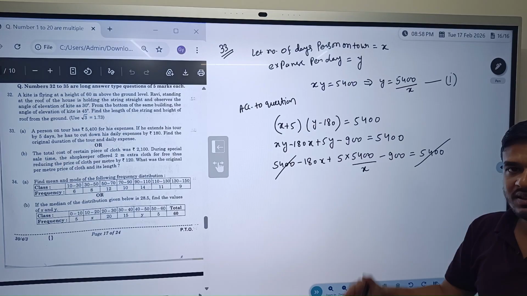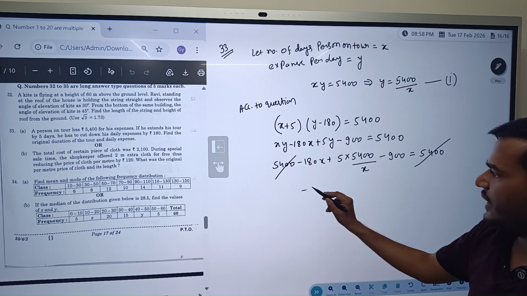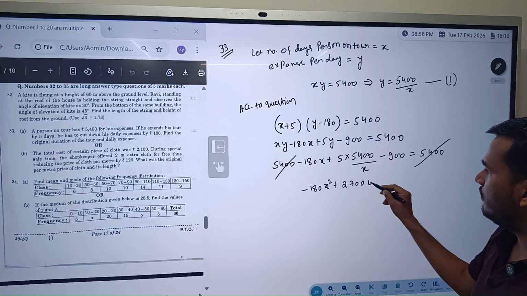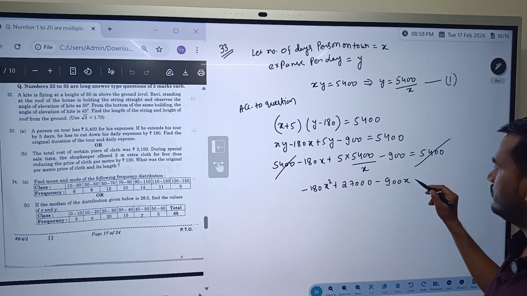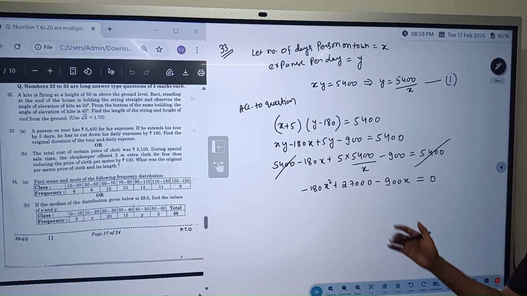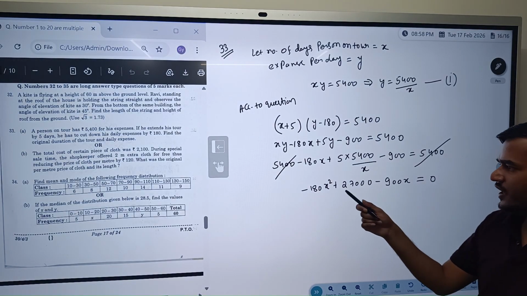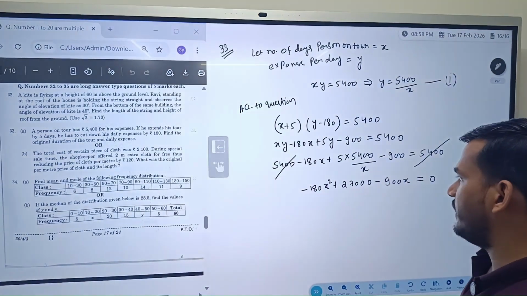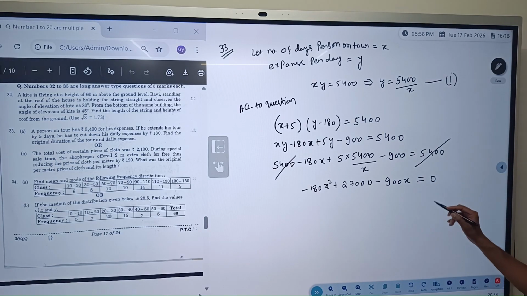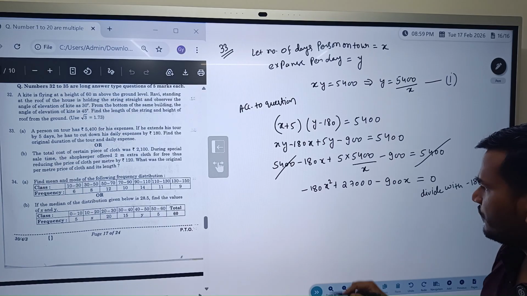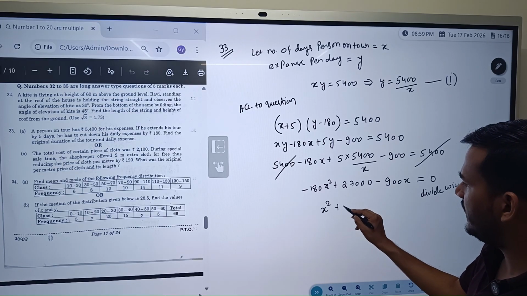Now multiply x in the whole equation: minus 180x square plus 27,000 minus 900x is equal to 0. This is a big quadratic equation. You can see 180 is a common factor in all the coefficients, so divide by minus 180 directly. So x square plus 5x.